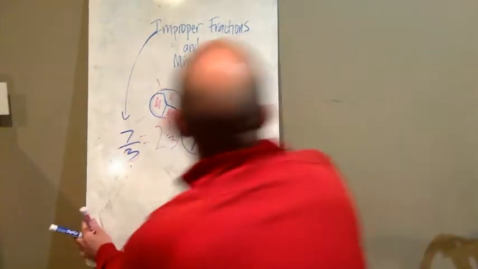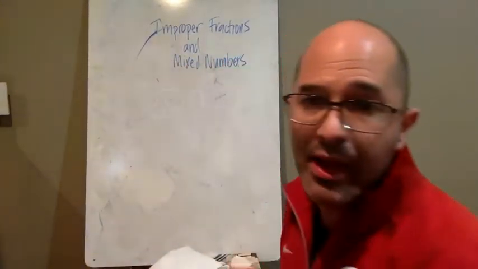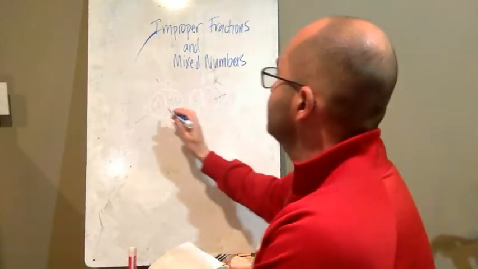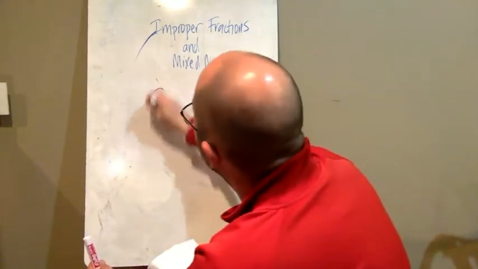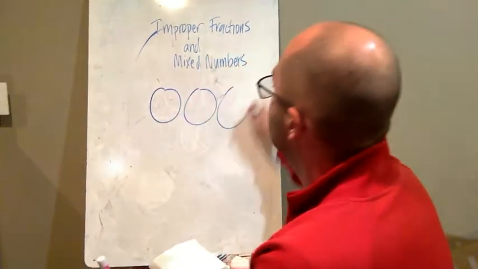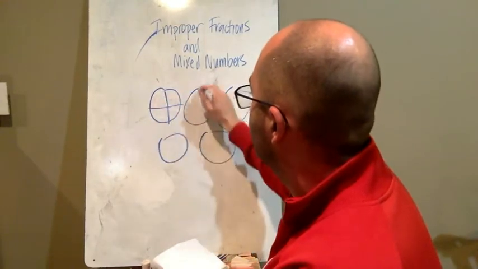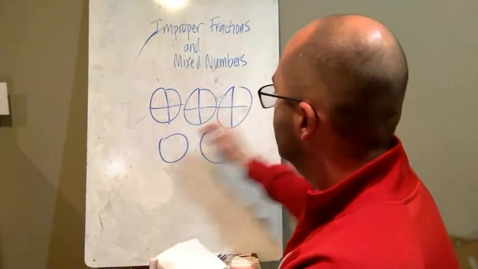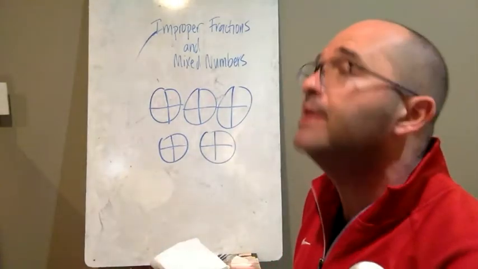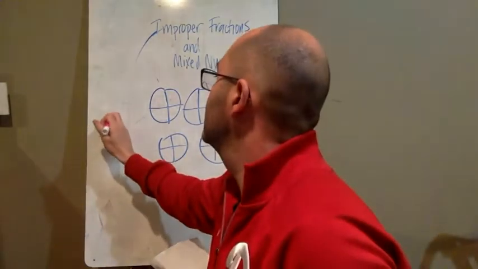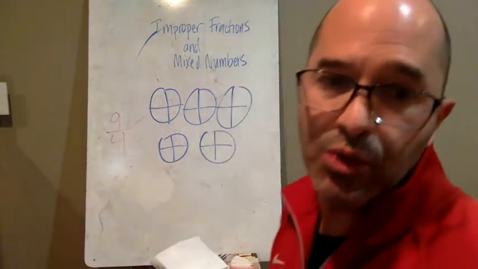Let's try another one. Instead of thirds, let's make it out of fourths. Also big cookies, because everyone likes cookies. We'll make 5 giant cookies, break them into fourths. Let's say last night at your party, 9/4 of the cookies were eaten.